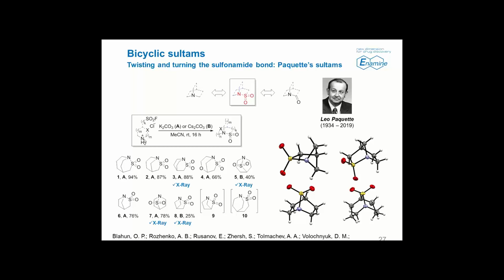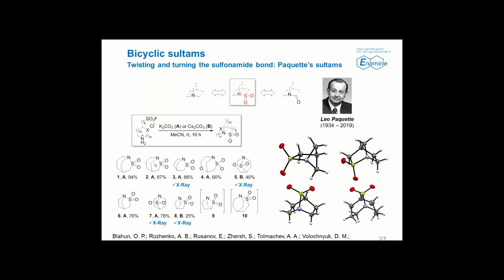We obtained aminosulfonyl fluorides as hydrochlorides, and when we subjected them to basic conditions, they underwent cyclization almost spontaneously at room temperature, and the corresponding sulfonamides were obtained with high efficiency.